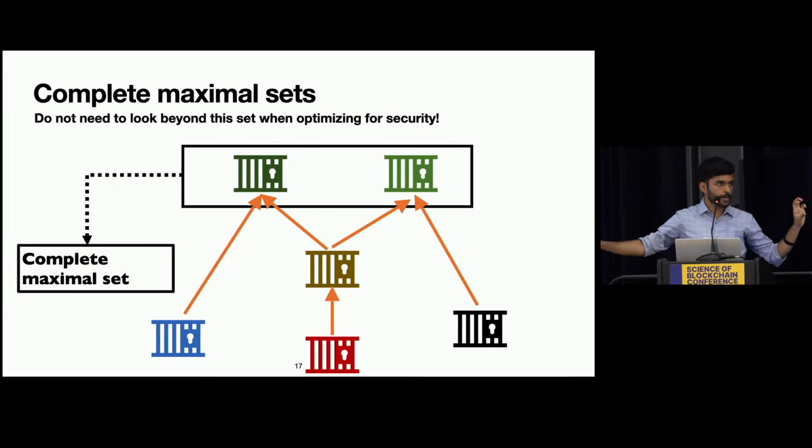Whatever your mechanism is at the bottom, there is a mechanism in the maximal set that is more secure than that. Given your probability characteristics, some mechanisms in the complete maximal set may be bad, but whatever mechanism you come up with, it is either already in the maximal set, or there is a mechanism in the complete maximal set that is better than that.